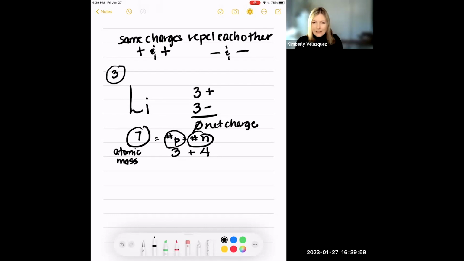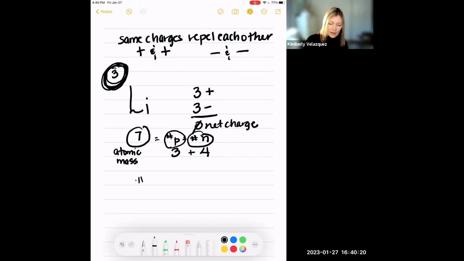So for the test in this class, you should be able to look at an element and you should be able to tell me what that 3 represents. You should be able to tell me the number of electrons that element has, the number of protons it has, and the number of neutrons it has.